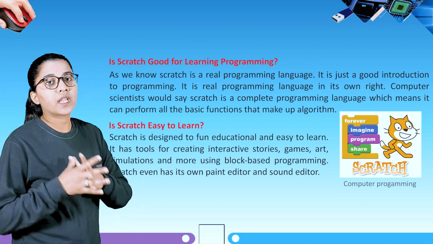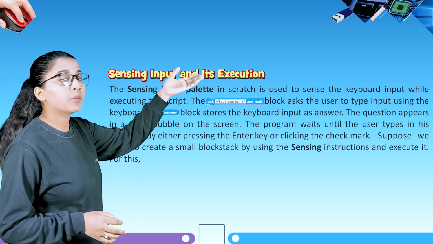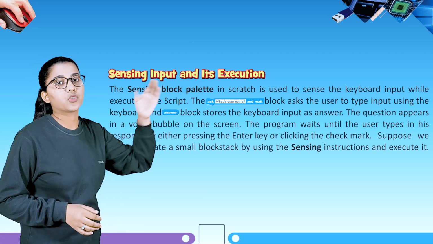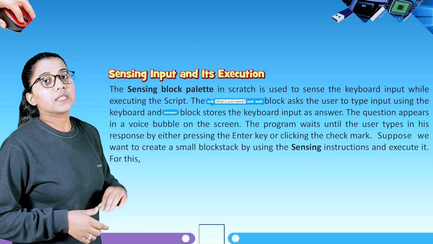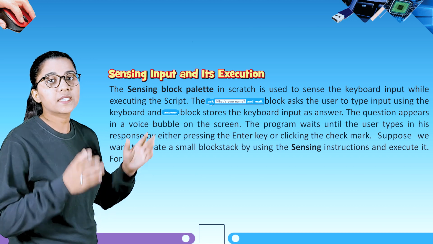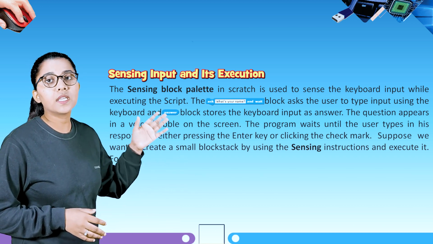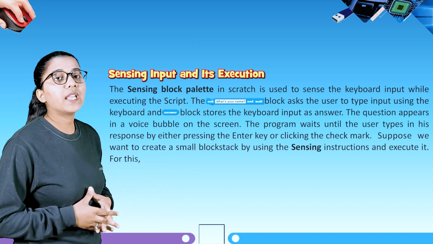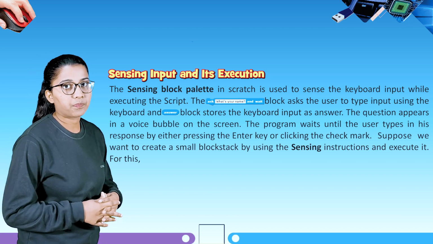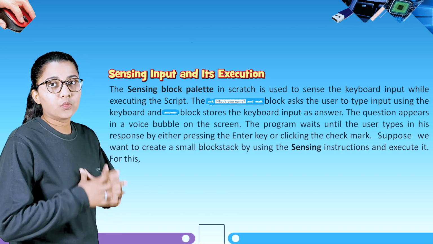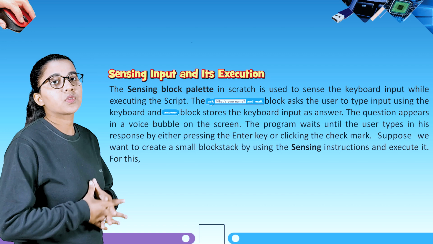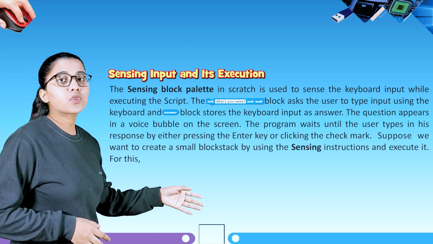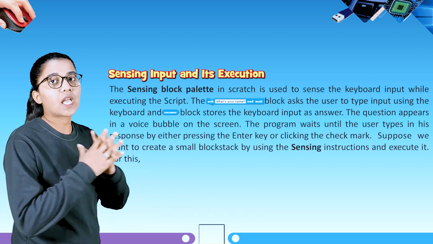Now students, our next topic is sensing input and its execution. So, the sensing block palette in Scratch is used to sense the keyboard input while executing the script. The ask block asks the user to type input using the keyboard, and the answer block stores the keyboard input as answer.